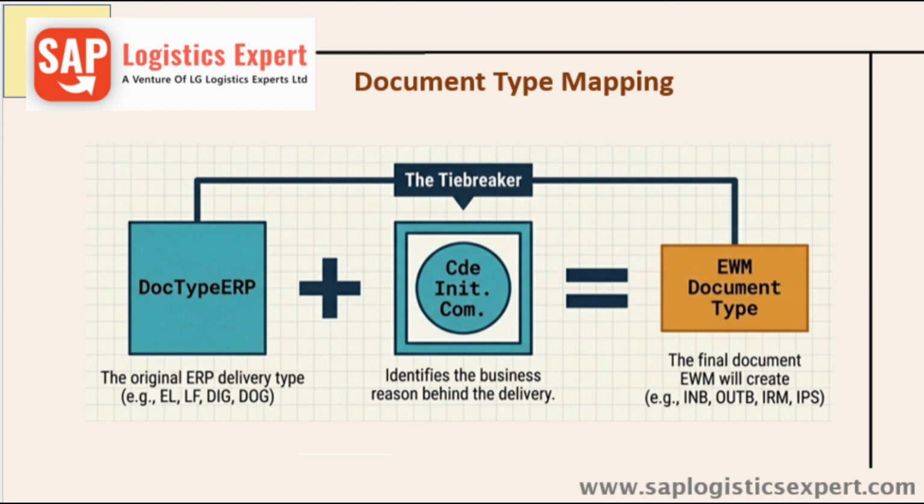Code for initiator of a communication chain. This is the tiebreaker. It tells EWM the business reason behind the delivery. Number 3. EWM document type. The final document EWM will create, INB, OUTB, IRM, IPS, etc.